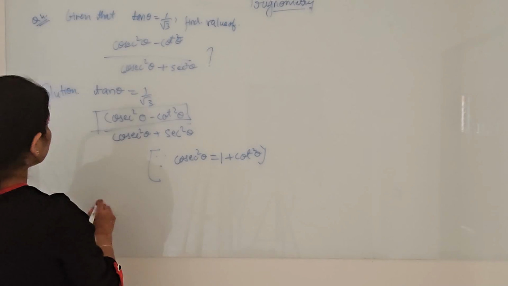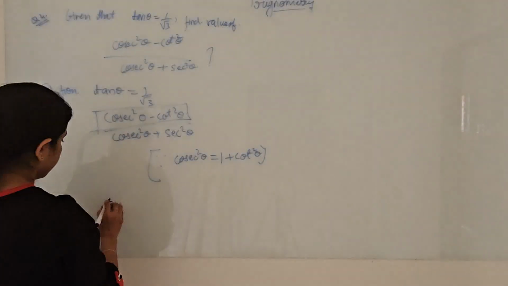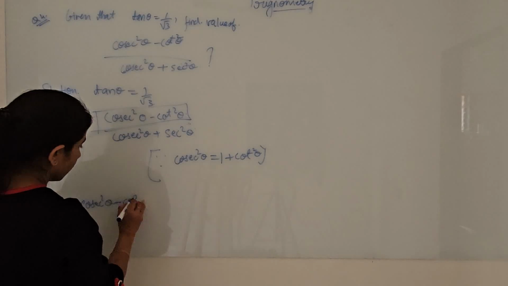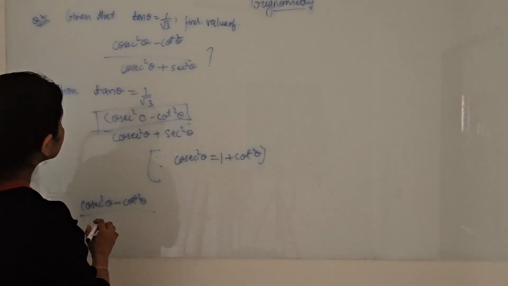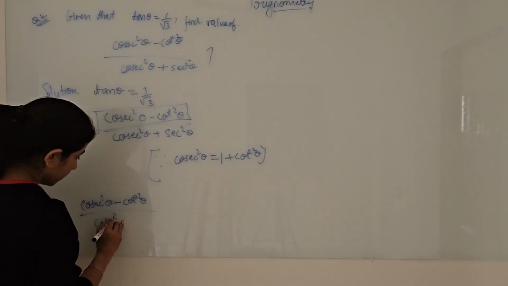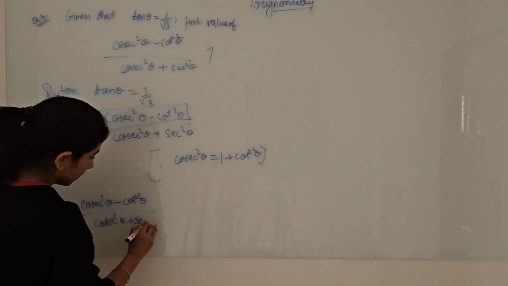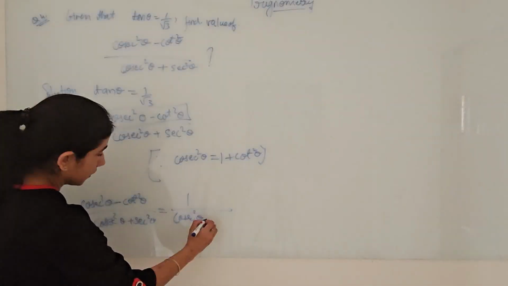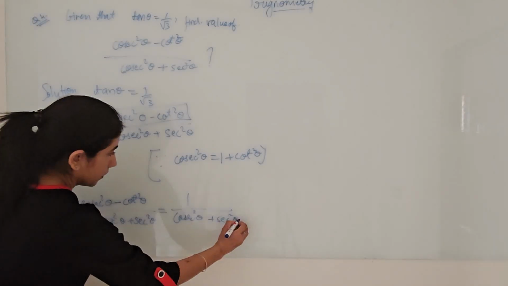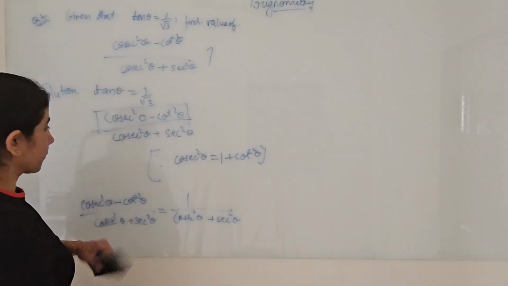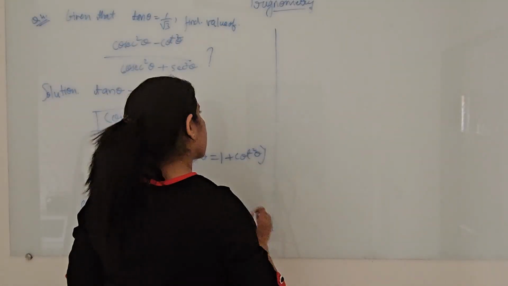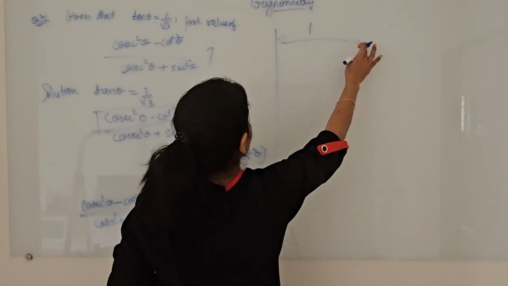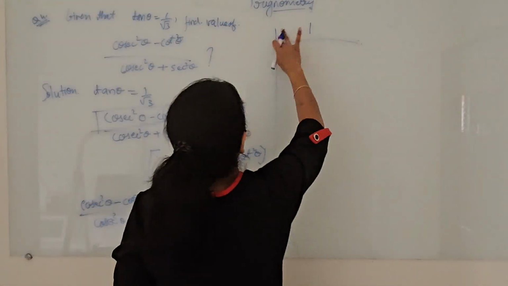So the expression cosec^2 theta minus cot^2 theta upon cosec^2 theta plus sec^2 theta is now reduced to 1 upon cosec^2 theta plus sec^2 theta. Note that the implies sign won't be used here, implies only comes with equations, not with expressions.